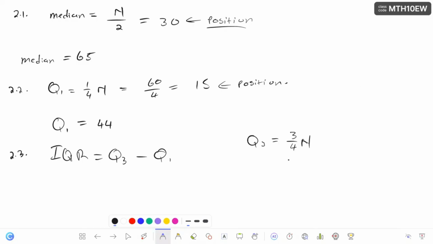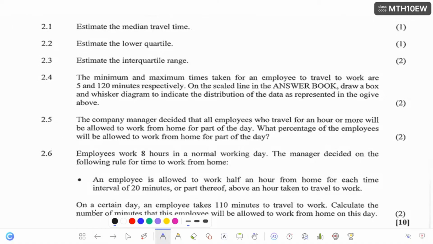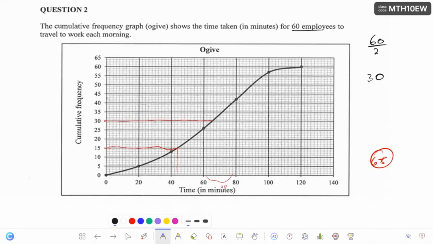So the answer is going to be 45. Oh, and don't forget the 60, guys. So we need to go to position 45 to locate our Q3. So 45 is here, up until here.